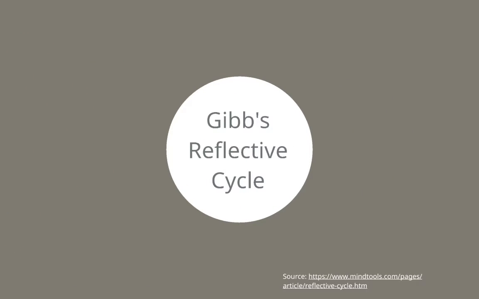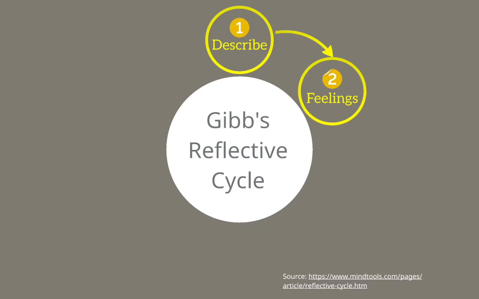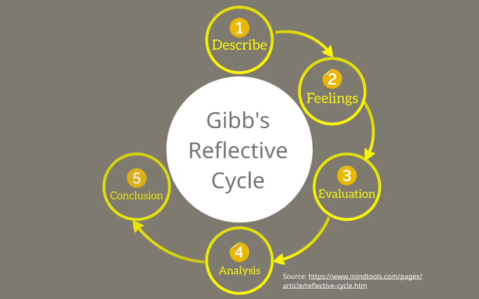The second model that I'm going to look at is Gibbs' reflective cycle, which is much more focused upon reflection itself as a discrete process. So the first element, well, it has 6 elements, which are describe, feelings, evaluation, analysis, conclusion, and action.